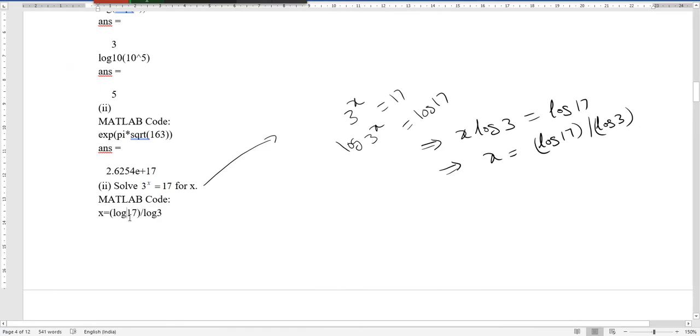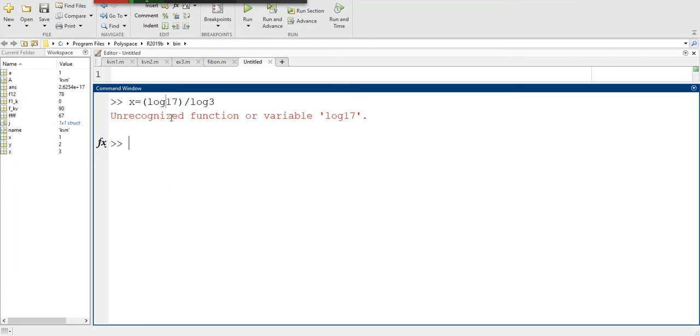Log of 17. A function you should write with brackets, otherwise you will get an error. Okay, I will copy this one. That's why this is an unrecognized code. Usually we write in mathematics in this fashion, that's why you will get an error.